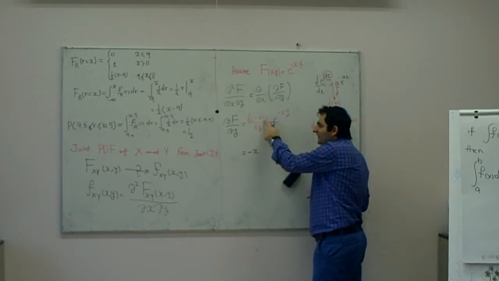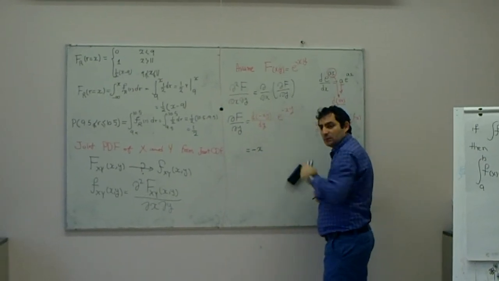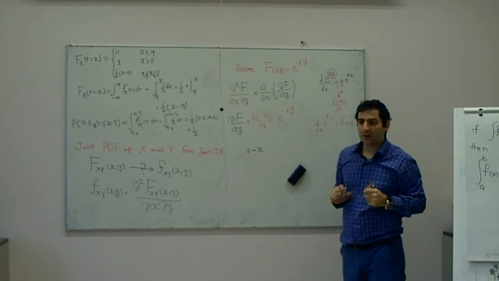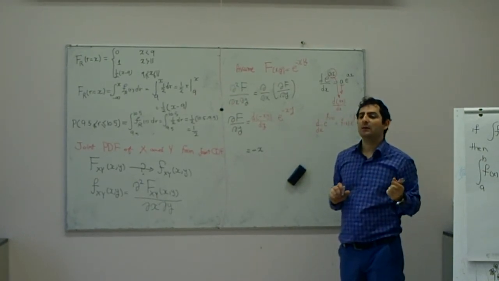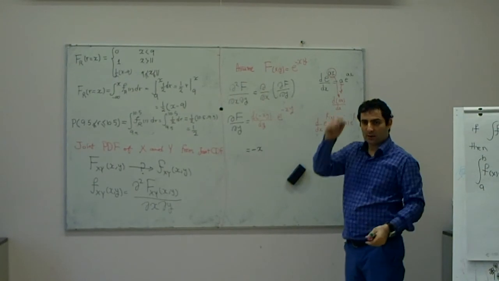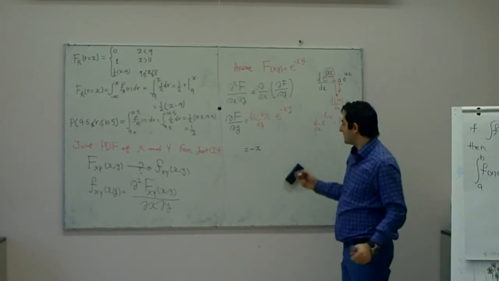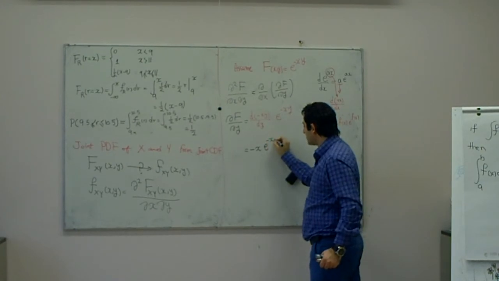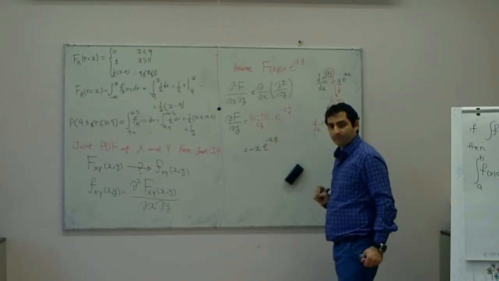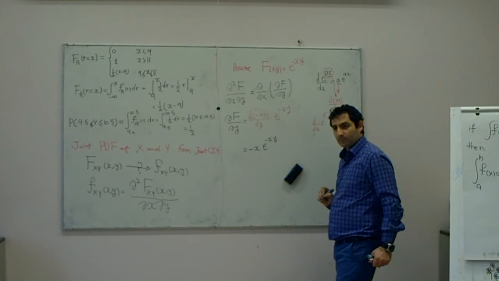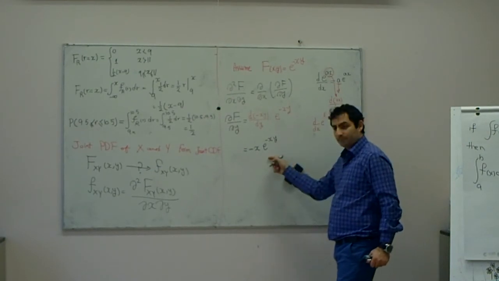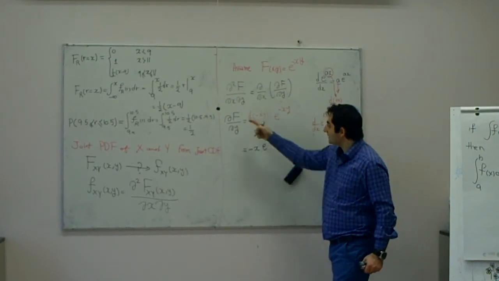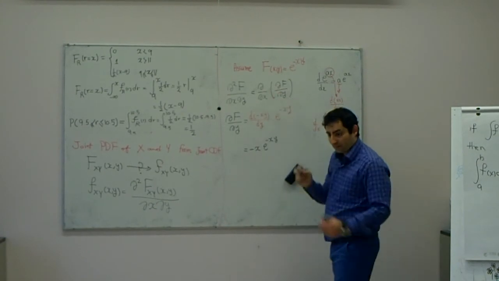What is the derivative of y with respect to y? 1. Like derivative of x with respect to x is 1. So it will be minus x e to power minus xy. Are we okay? This is the first part of the derivative.